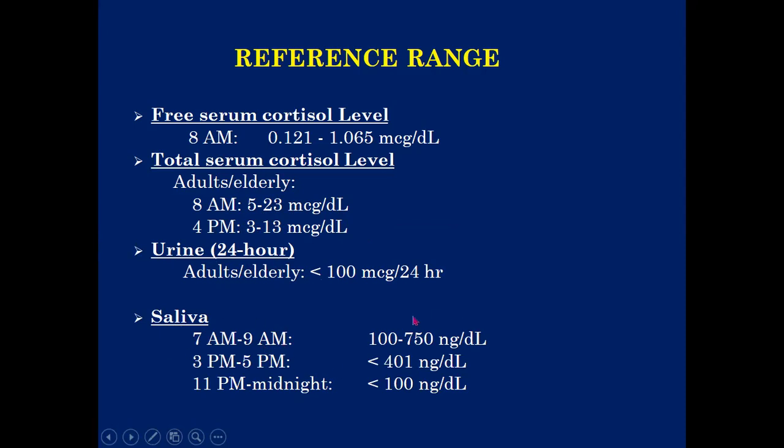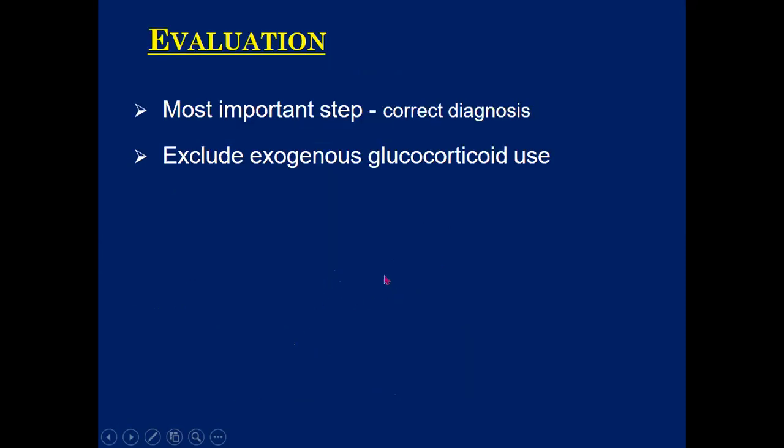It's not routinely done, but it is documented that at some places it is done, which helps in the diagnosis. Here you can also see that at 7 a.m. to 9 a.m. the levels are 700 to 750 nanograms, and at 11 at midnight it's less, because as the patient's timing is towards sleeping time, levels are reduced.